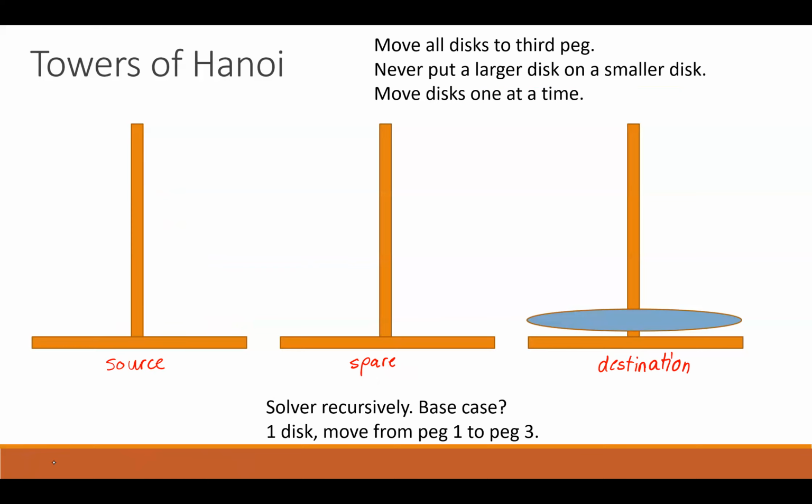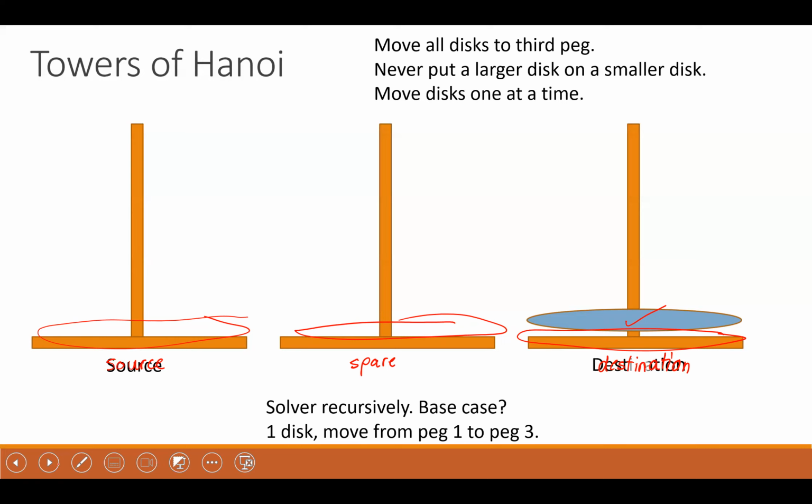Now, when I do this base case, it could be that I had larger disks underneath all of these, and that's fine. As long as this blue disk is smaller than all of the current disks, I can still solve that problem. All right, so I have a base case, and now I just want to hopefully solve it recursively.